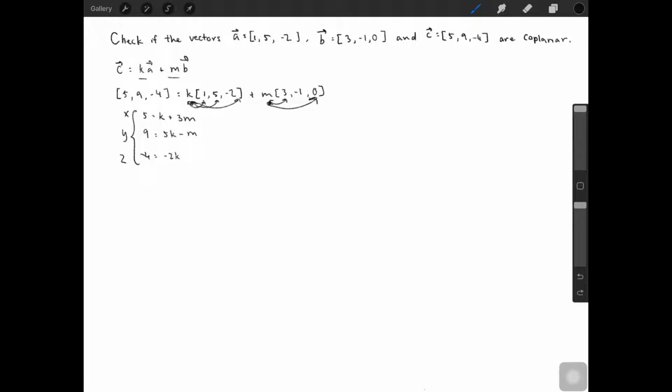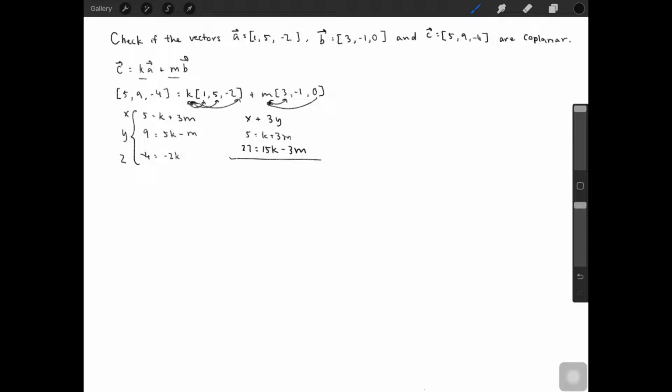So let's write it out. 5 equals K plus 3M. And multiply 9 by 3, and 5 by 3, and then negative M by 3. So it's negative 3M. So when we add them together, you can see that these two will cancel out, and then we'll have a single variable left.